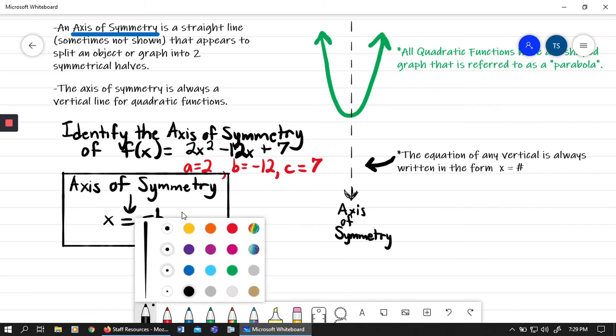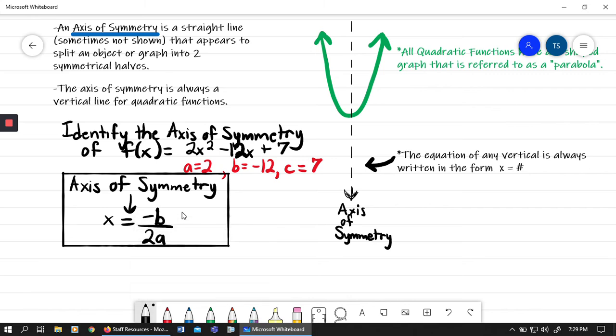So that's positive 12 because we're doing the opposite of b, and at the bottom we divide by 2 times a, which is 2 times 2, which is 4. So we're taking 12 divided by 4, which winds up being 3.